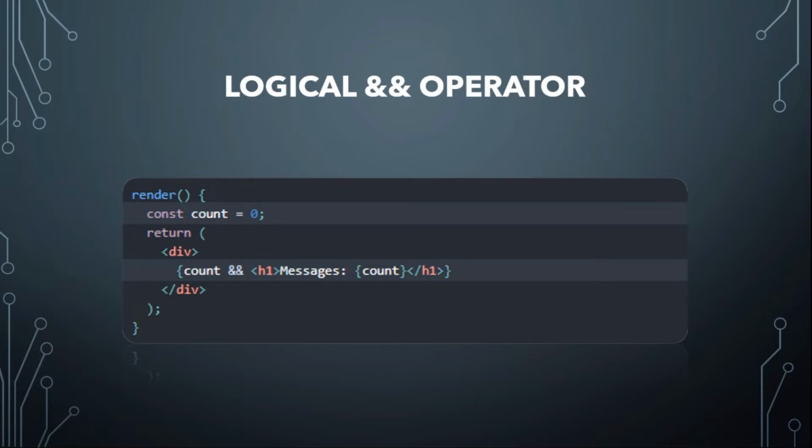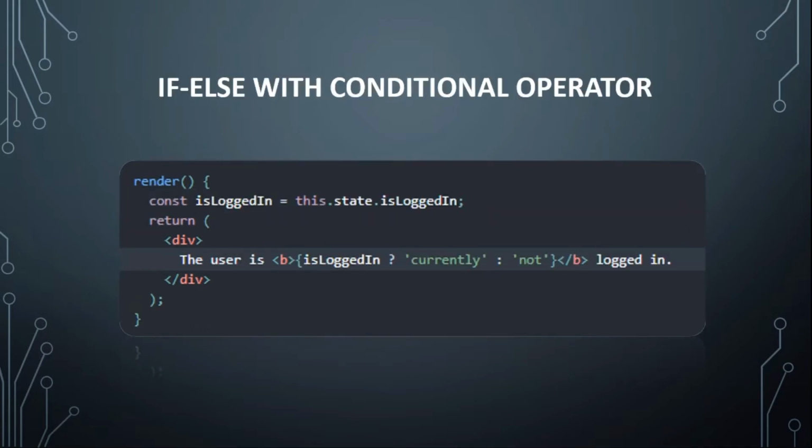So let's go to our if else in the form of a ternary operator. We are rendering this div in our render. Firstly, we have a constant, this state is login.